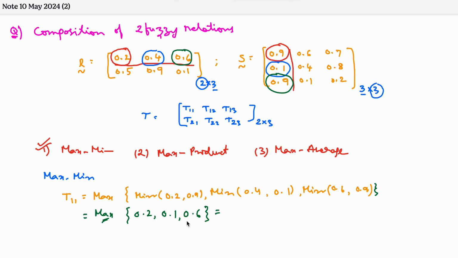Anybody can find that the maximum out of these three is 0.6. So this is the answer. In place of this I will directly write 0.6. So this is a very simple concept. So let me go ahead and finish this complete problem. Please follow me.